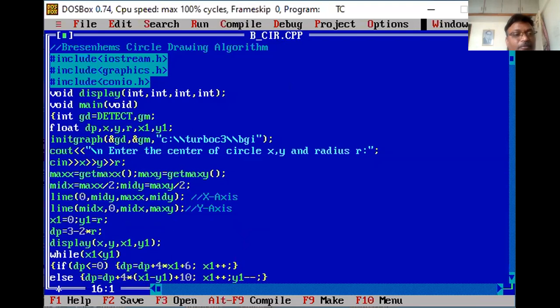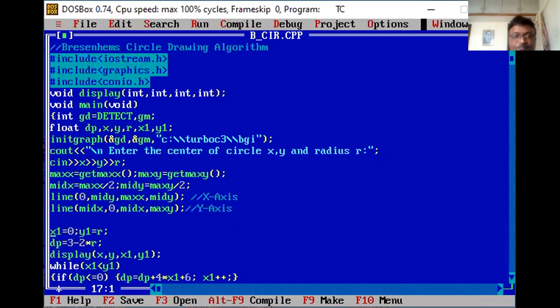So what is the value of your x and y that is going to come here? x is equal to x plus mid x, and y is equal to mid y minus y. Correct? You only have to replace the center of the circle. The remaining is the same because we are only changing the center of the circle.